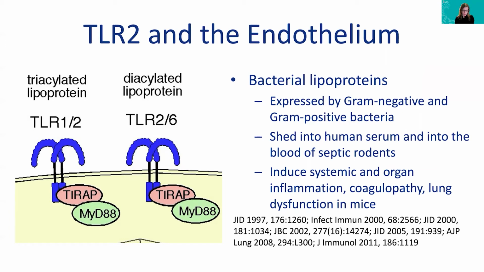Toll-like receptor 2 recognizes bacterial lipoproteins that are expressed by gram-negative and gram-positive bacteria. These bacterial lipoproteins are shed into human serum and into the blood of septic rodents, and we found they induce systemic and organ inflammation, coagulopathy, and lung dysfunction in mice.